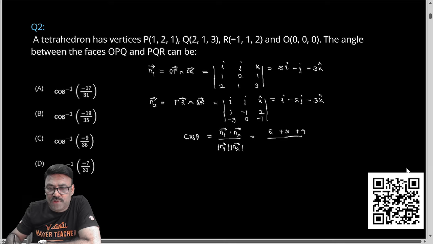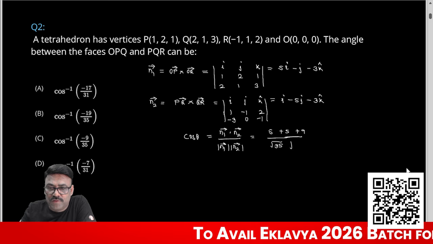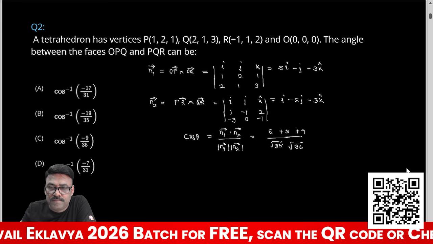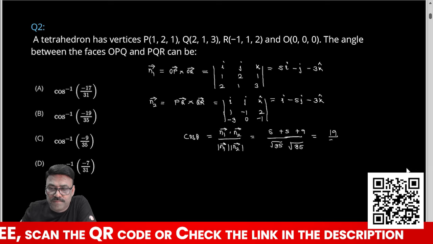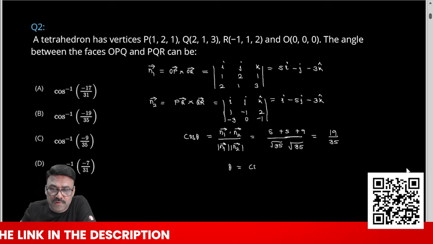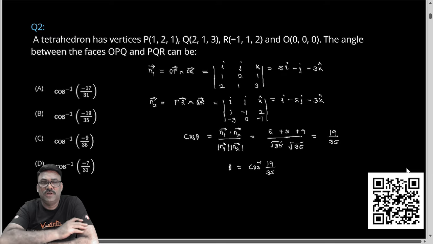And if you check the modulus of the two vectors, 25 plus 1 plus 9, root 35, modulus of the first vector n1. Modulus of the second vector is again the same, root 35. So it is 19 by 35. So hence theta will be cos inverse 19 by 35. This is the acute angle between the two faces OPQ and PQR.